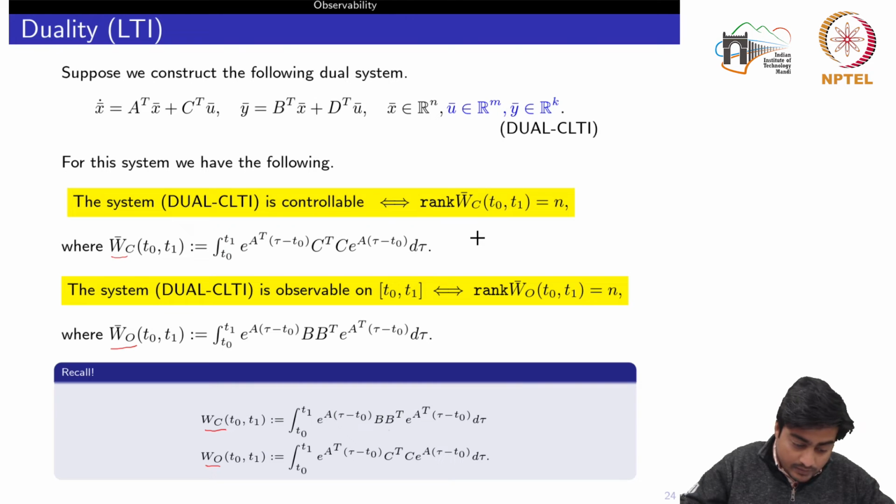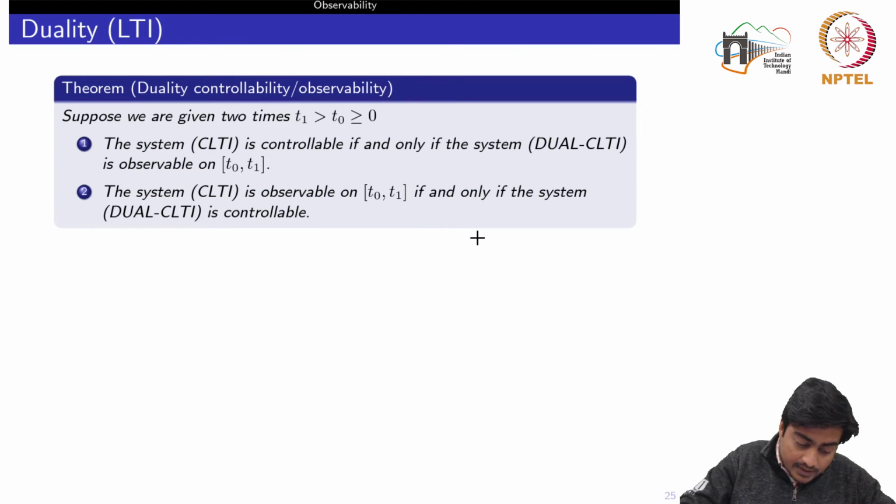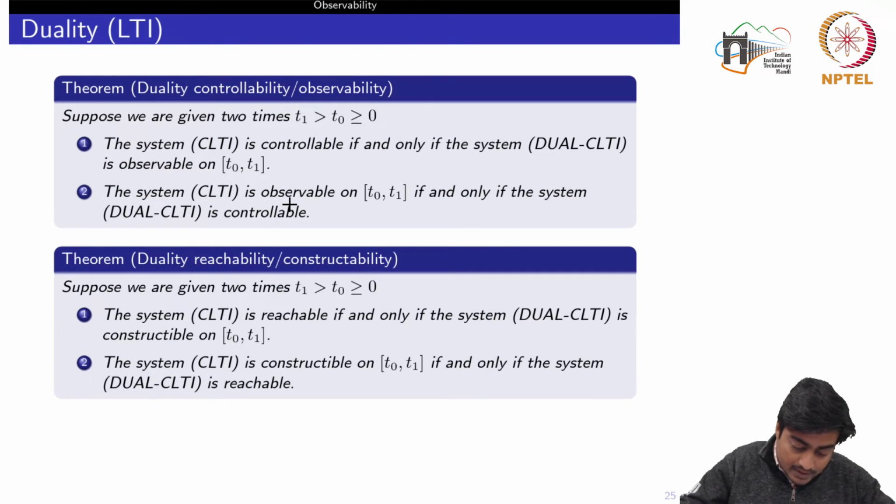Based on this, we have the immediate result that the system CLTI is controllable if and only if the dual system is observable, right? Similarly, the CLTI is observable if and only if the dual system is controllable. So they both are equivalent. The result would remain the same for the duality between the reachability and the constructability.